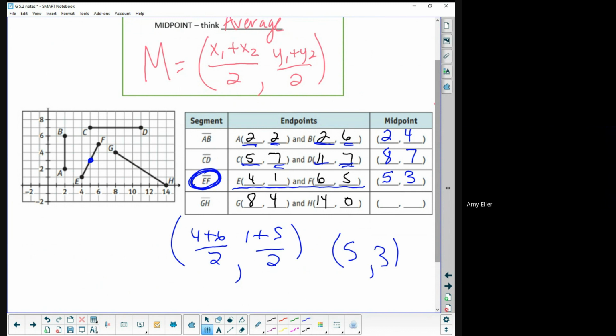Go ahead, try the last one. Look at points G and H. Find the midpoint and then plot it. See if it looks good.